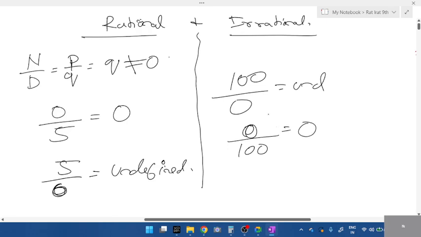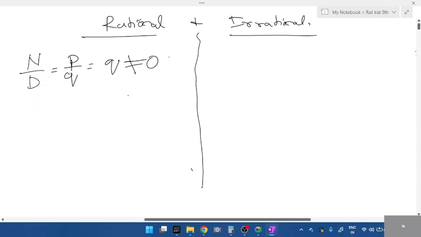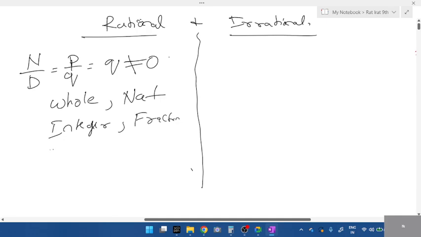If it is in denominator, it is undefined. So numerator by denominator, that is a rational number. Rational number has everything: whole number, natural number, integer, fraction. Then decimal. Even decimal comes under rational number.